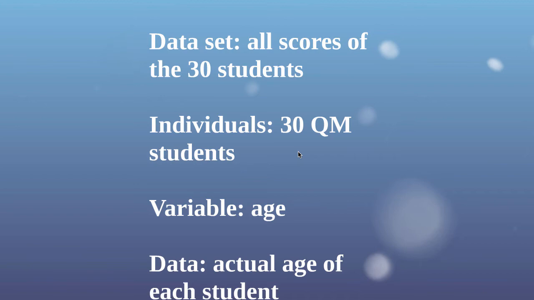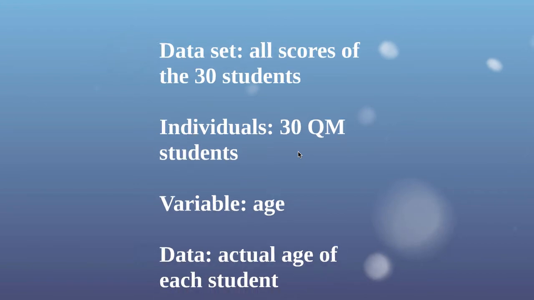Our individuals or participants are the 30 QM students that are enrolled in a specific section of QM. And what are we trying to measure? The variable itself is age. This is the characteristic that we are trying to measure. And finally, you have the raw data, which is the actual age that each student will report on the questionnaire or maybe verbally.